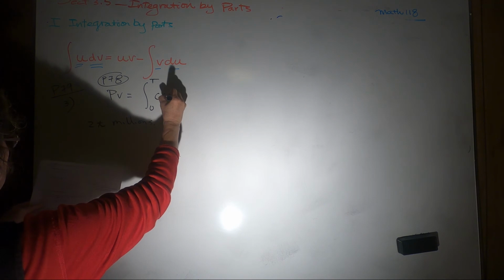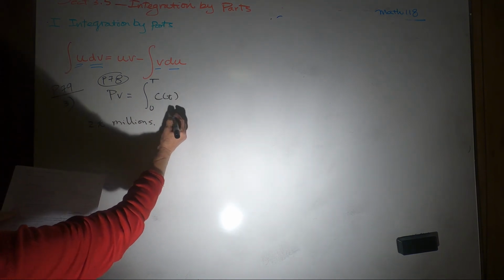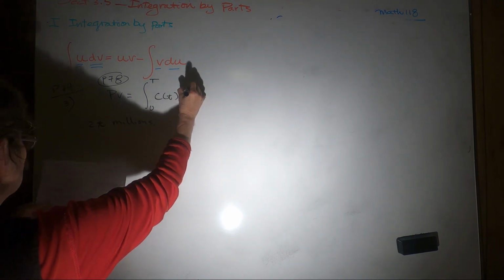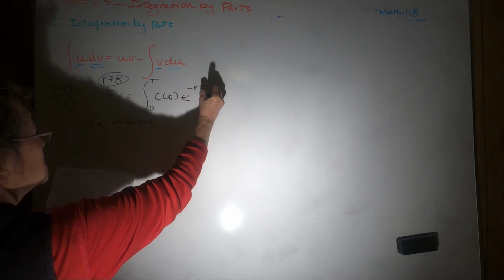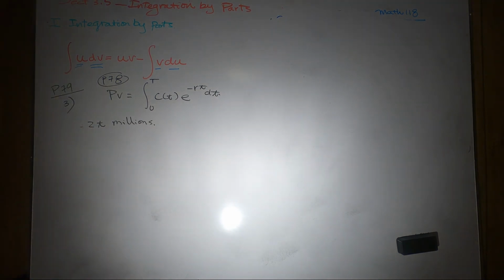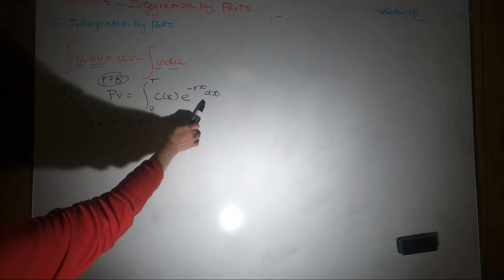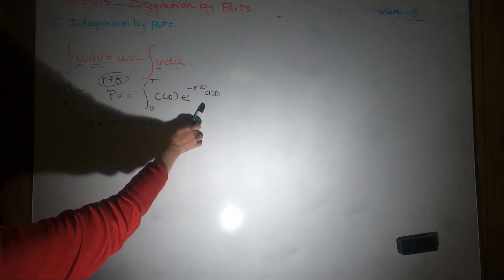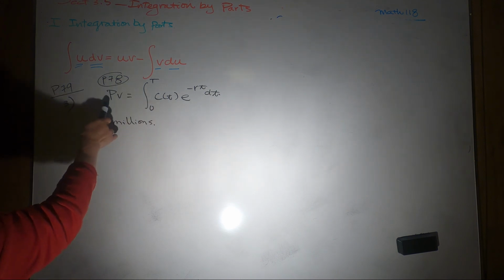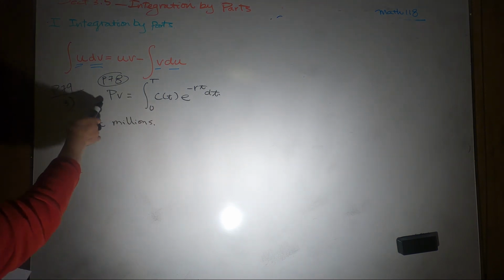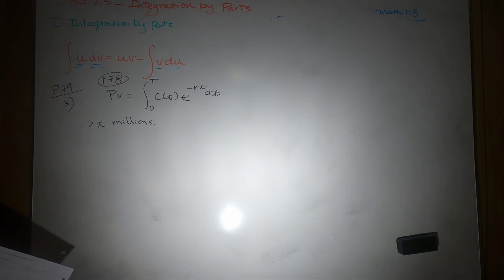That's your continuous stream of income times e to the minus rt dt, right? That's accumulated for each year continuously, right? But it's equivalent to the present value.